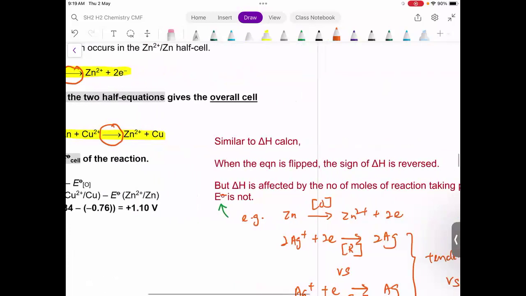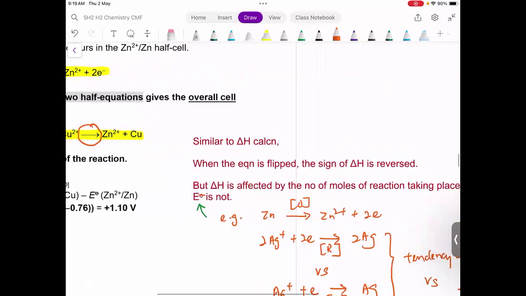Let's draw some similarity to what we have learned so far. Similar to enthalpy change calculation, when the equation is flipped, when my reactant is on the right side, we are talking about the reverse direction.